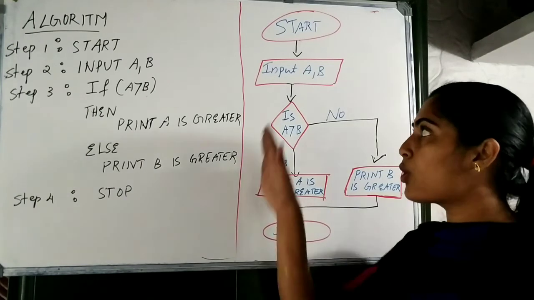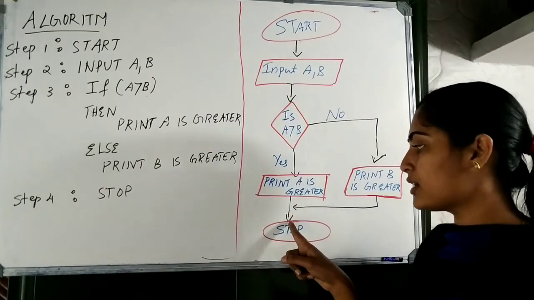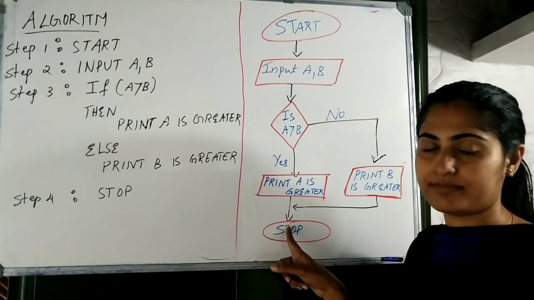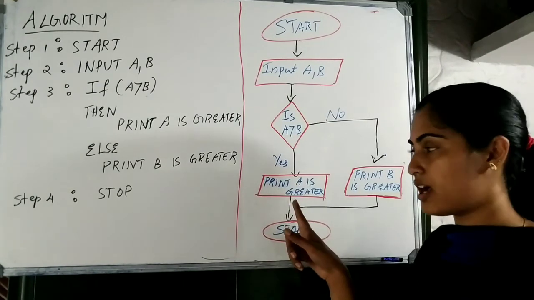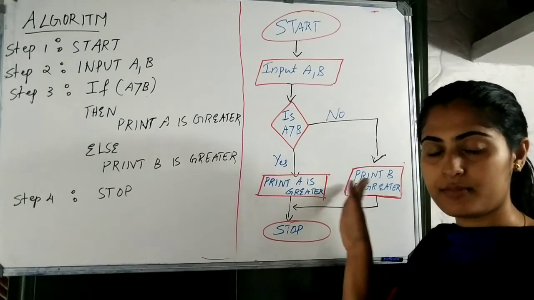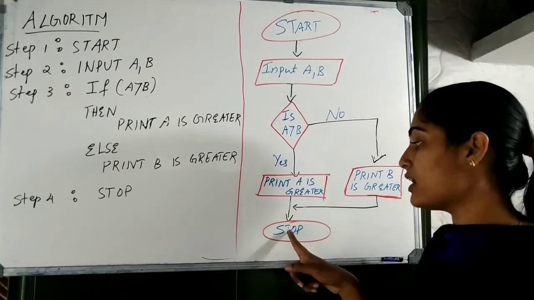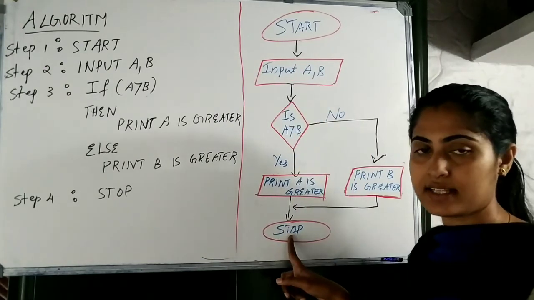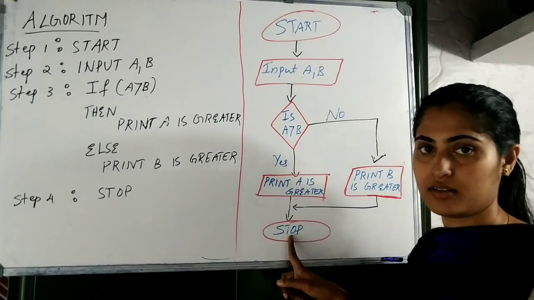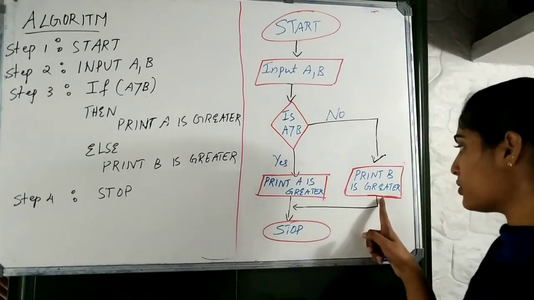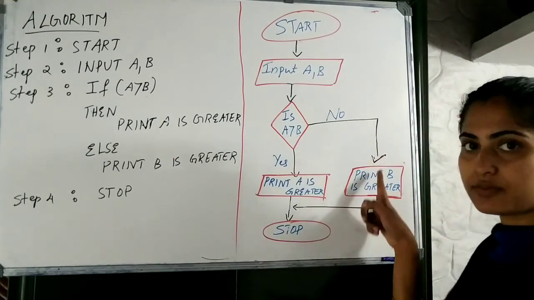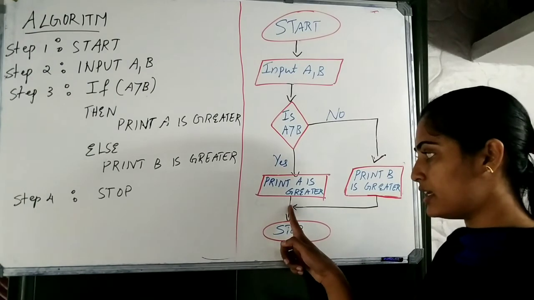All the arrows, even though they are divided in between, at last come and end at the stop symbol. And this arrow, the arrow that comes from no, should come and end over here.